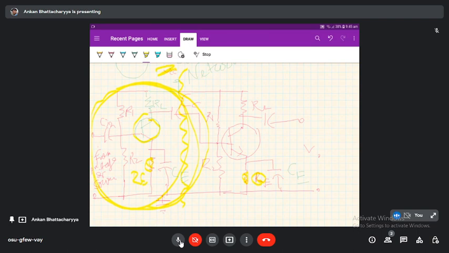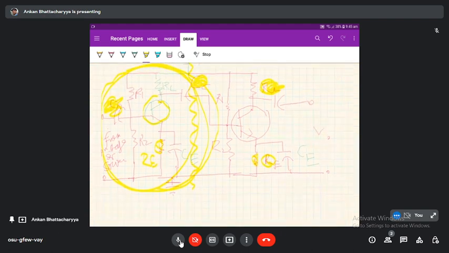Now RL is used as the load impedance, the capacitor C in present in the initial stage of the amplifier couples the AC signal to the base, and the capacitor CC couples the first stage output to the next stage as the input. So this is the RC coupled amplifier.